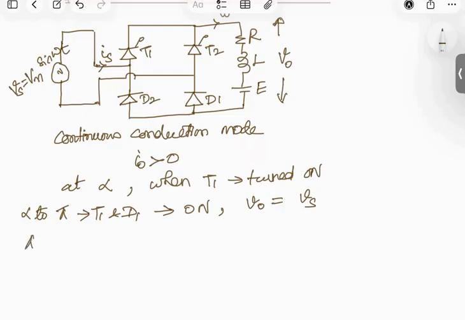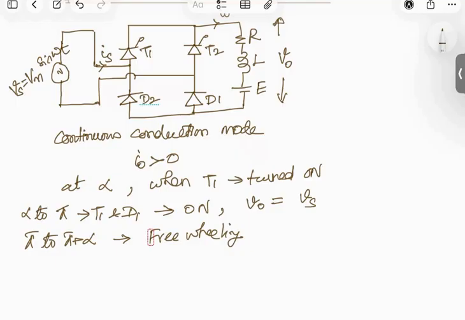From pi to pi plus alpha, that is at pi plus alpha, we are going to trigger T2. So from pi to pi plus alpha, we will have the freewheeling action taking place. Since T1 is already in conduction, T1 will conduct along with D2 because after pi, D2 is forward biased.